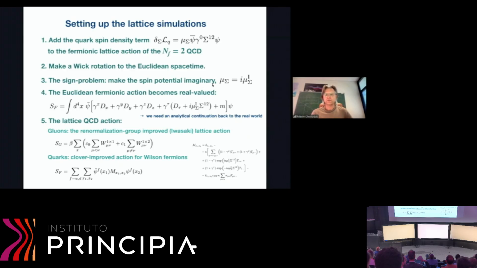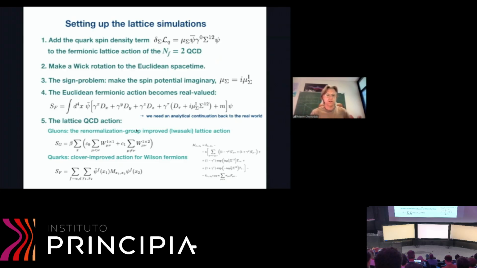Therefore, we need to introduce an imaginary spin potential. In that case, the Euclidean fermionic action becomes real valued, so we can make calculations at imaginary spin potential, and then continue back to the real world and check what's going on there.